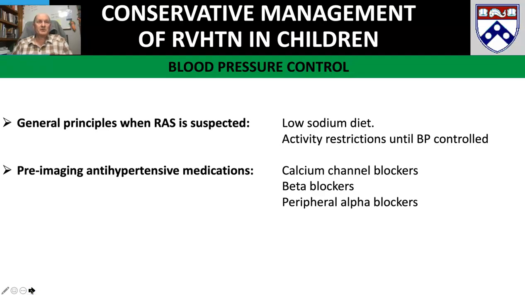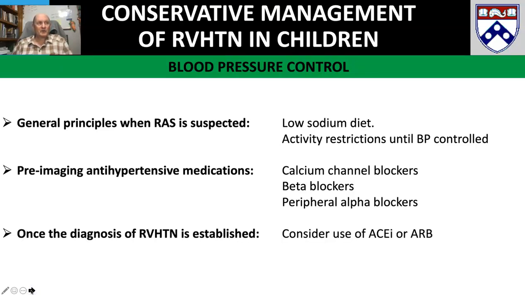Before imaging and before knowing what's going on, we'll use calcium channel blockers like amlodipine, beta blockers like atenolol, or peripheral alpha blockers such as Cardura. However, once the diagnosis is established, one can consider blocking that pathway that I showed you using an angiotensin-converting enzyme inhibitor or an angiotensin receptor blocker.